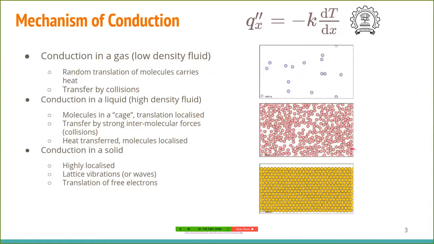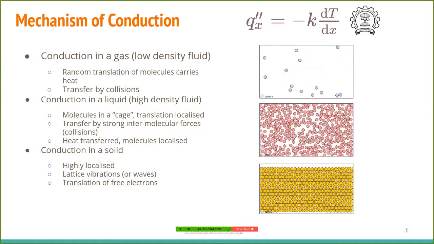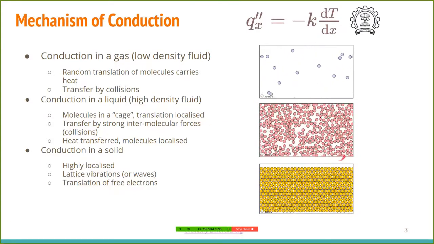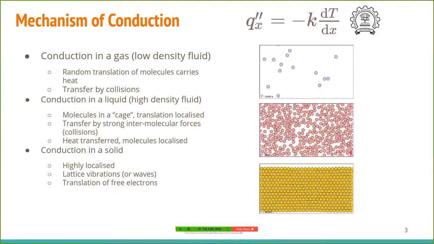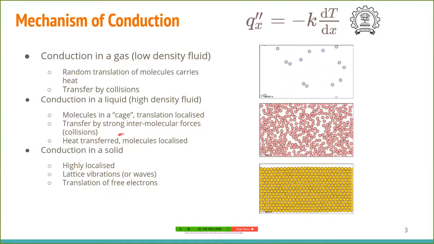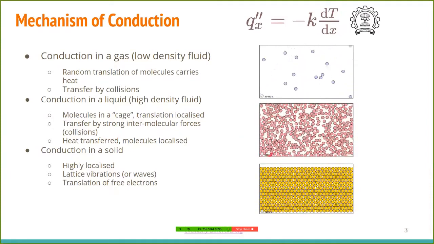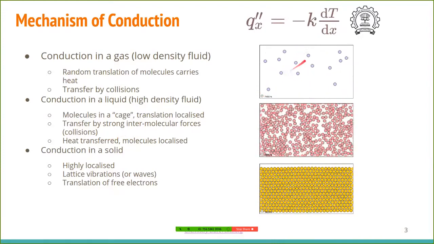So higher kinetic energy here is slowly transported across this entire domain purely by collisions and not by translation. There is some small translation, but that is nearly insignificant. The heat is transferred, but the molecule is in the same place. In gases, the molecule also shifts, and heat also moves.